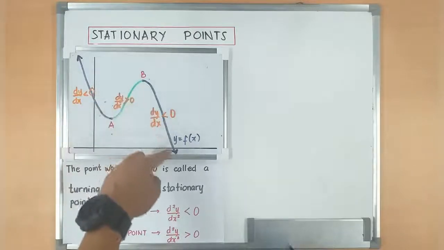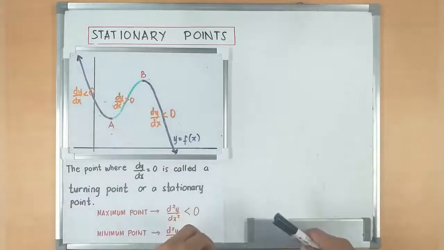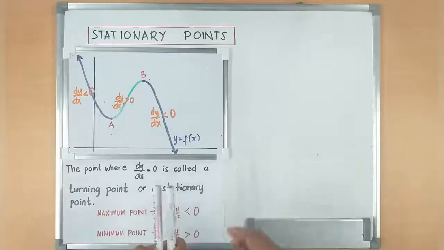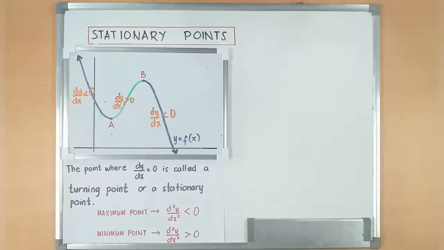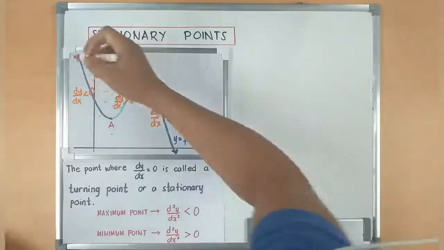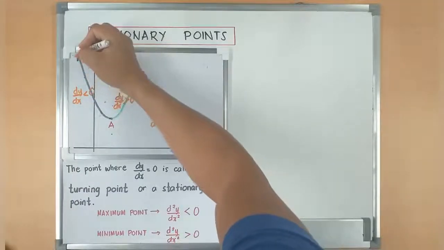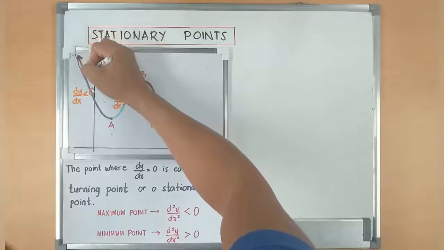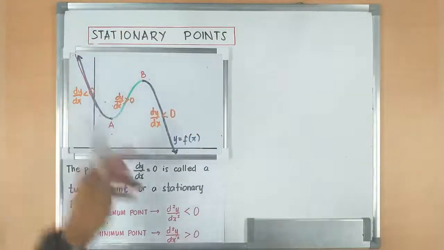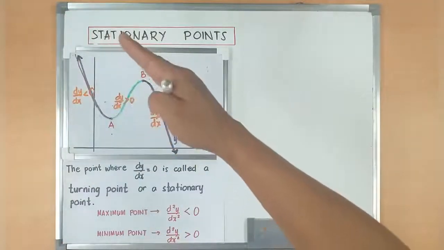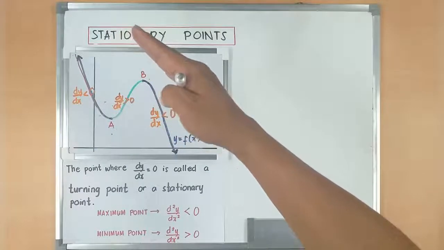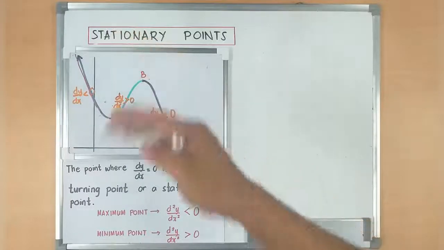This part, the gradient is negative. So you notice if you put tangents here, for example at this point, it's always negative.